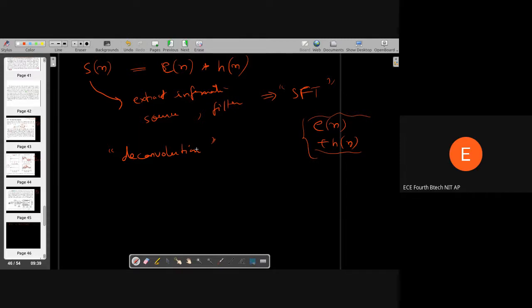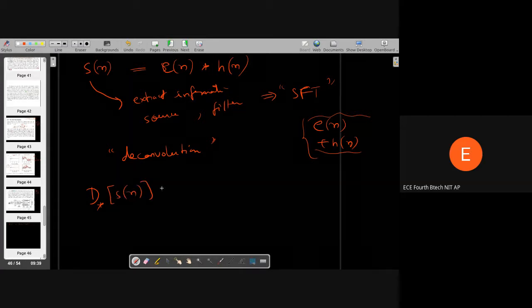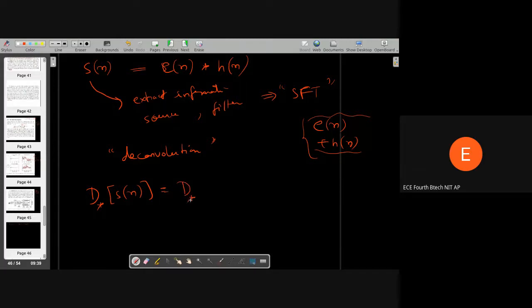So in this perspective, homomorphic analysis becomes useful. Homomorphic analysis uses an operator on a convolved output. And what does the operator do?